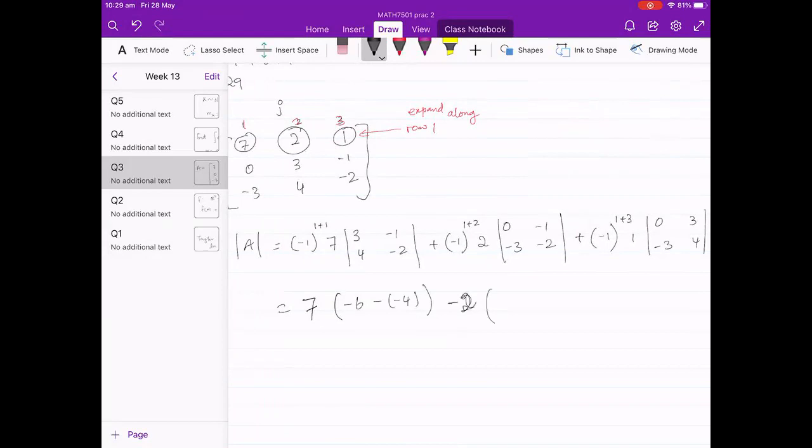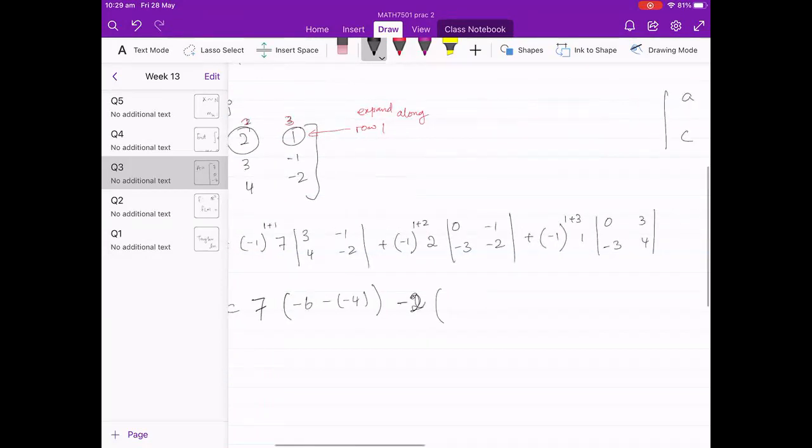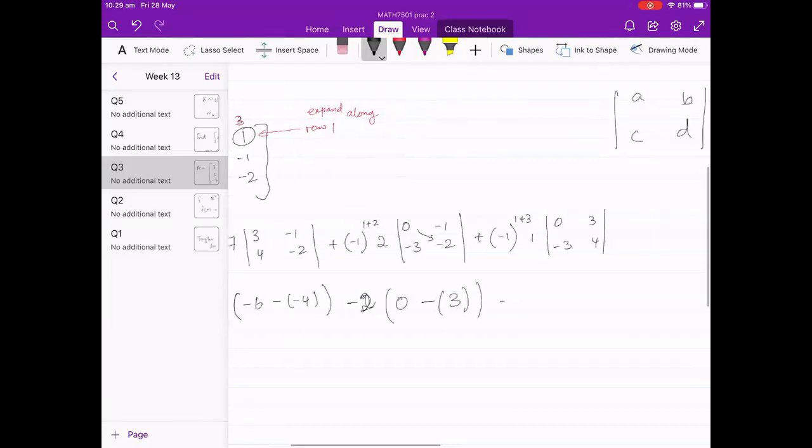And the determinant of this matrix will be 0 times -2, which is 0, minus -3 times -1, which is 3, plus, that's 1, 0 minus -9.